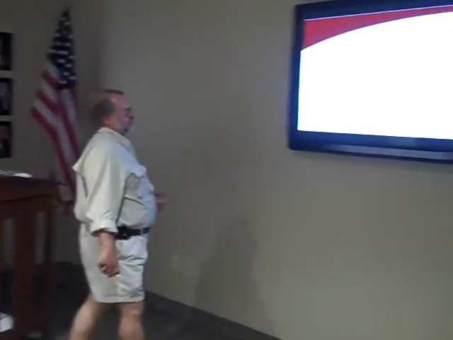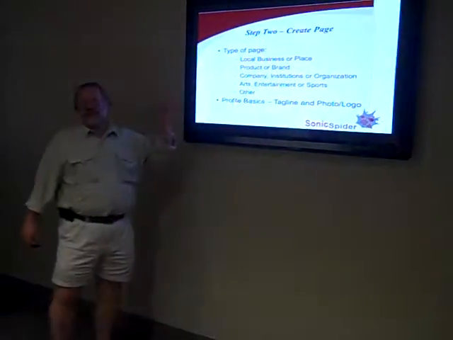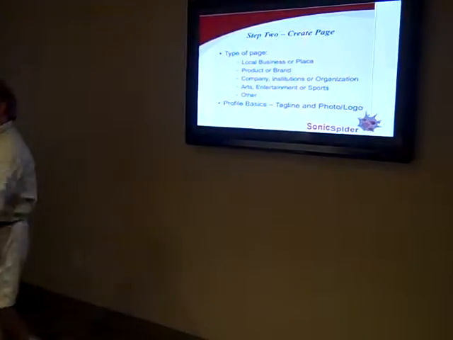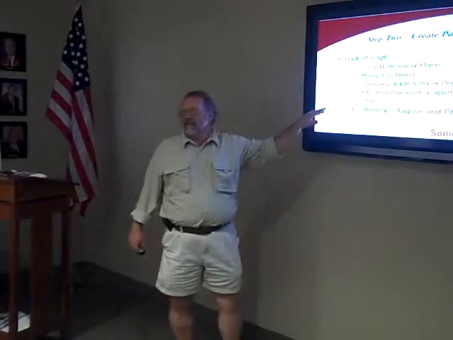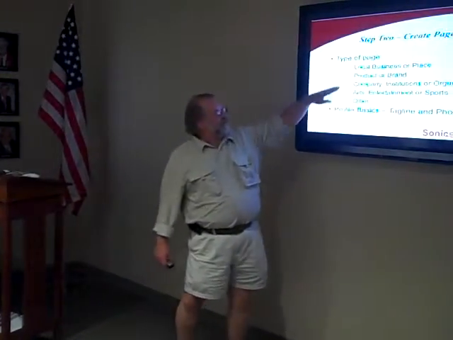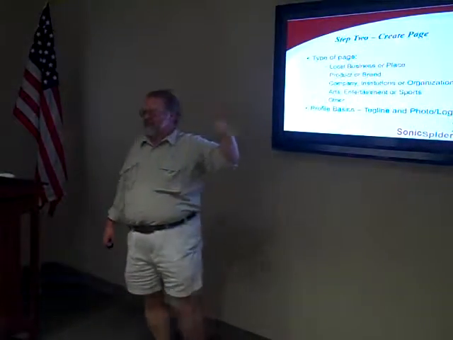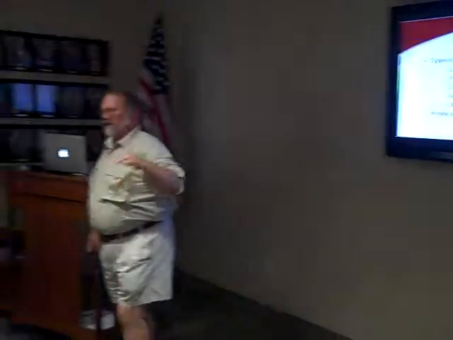Okay, now we're going to create the page, step 2. First thing you do when you click the button to create a page is you're going to select one of these choices. Local business, so you can see based on their choices that Google is right off the bat interested in businesses, organizations, arts types things.